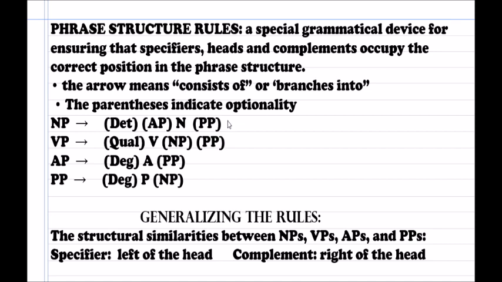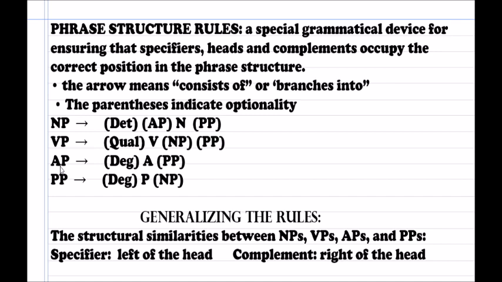But remember, it is optional for a noun phrase to consist of a determiner, an adjective phrase, and a prepositional phrase, but it is important to have the head, the noun. Next, verb phrase. A verb phrase consists of a qualifier, a verb, a noun phrase, and a prepositional phrase. But these three, qualifier, NP, and PP, are optional.